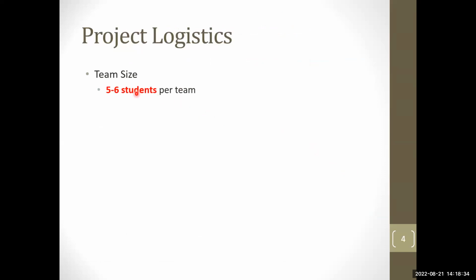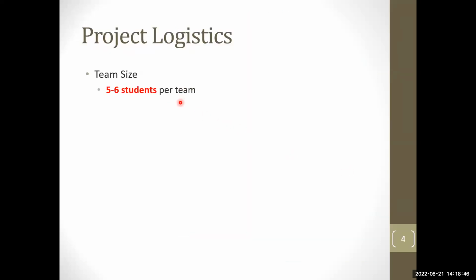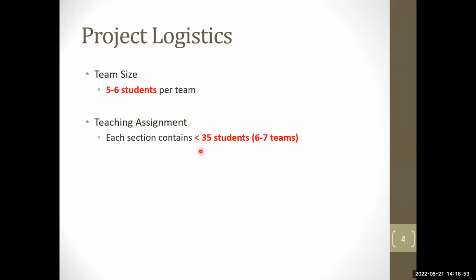Our teams consist of 5 to 6 students, and since it's a year-long project, these teams, of course, are together for the whole year. When it comes to the logistics of the teaching assignments for the faculty, usually a section contains 35 or fewer students, which translates into 6 to 7 teams.